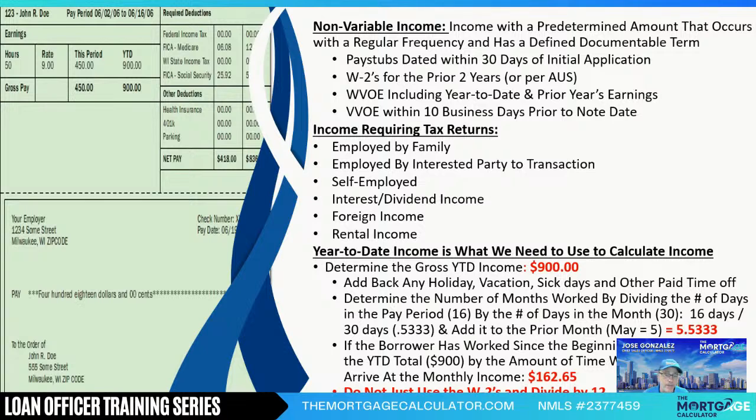Oh, I grabbed the last 2 years W-2s, averaged it out, divided by 12, and that's my income. I mean, that's okay if you were looking, for example, at a borrower employed by family, and that's what the guidelines tell you to do. But that's not how you would normally calculate the income, non-variable income for a salaried or hourly employee. You would use the year to date income.